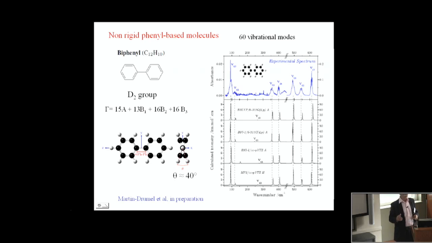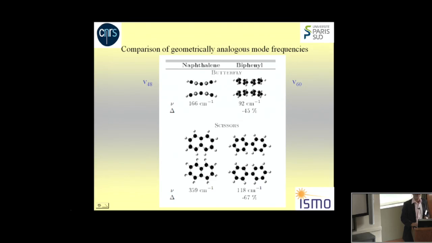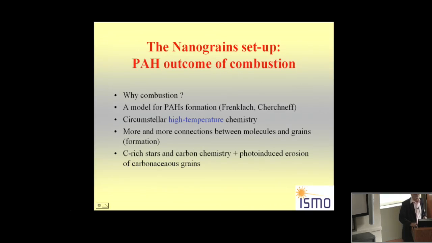Very low frequency modes, where there is a kind of tunneling effect or things like that, cannot be predicted by DFT as normal. You see, of course, it's not a surprise. This mode has a completely different frequency, as well as that one. Okay.